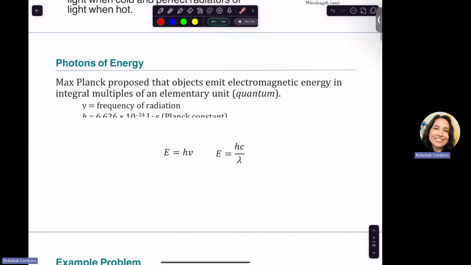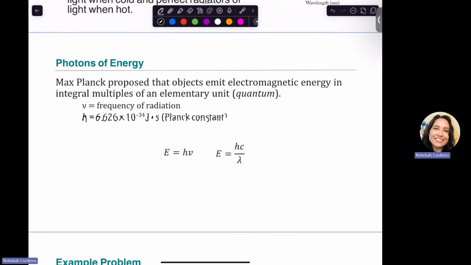What I do want you to know, though, is this relationship between energy and wavelength and frequency. So I'm going to fill this in because for some reason it's not. This is called Planck's constant, h, and it finishes out this formula.